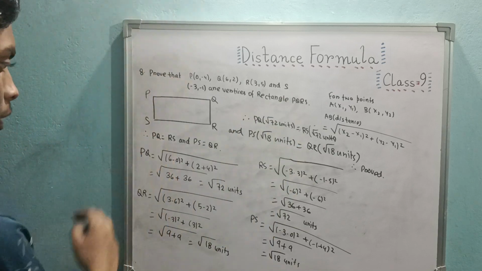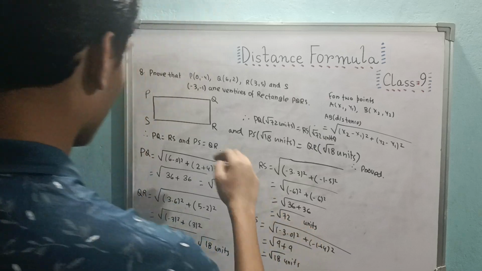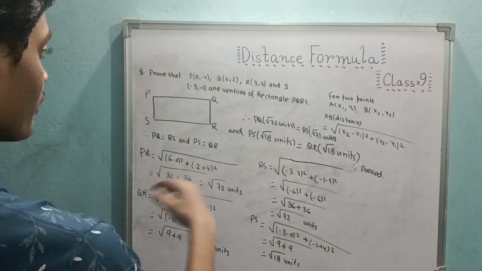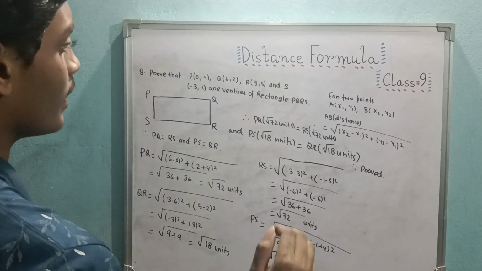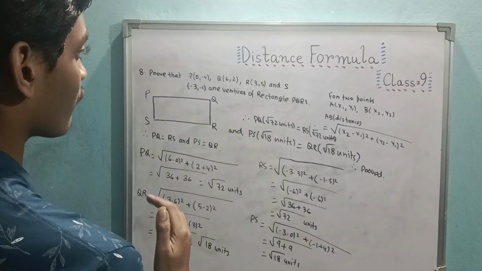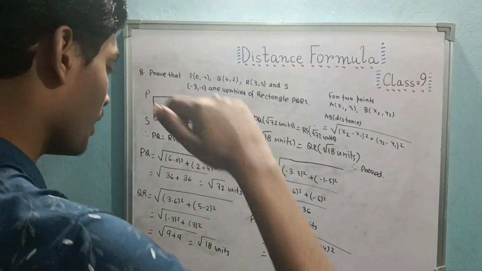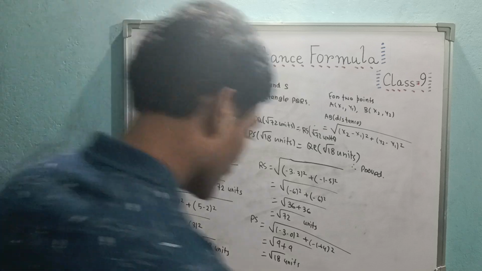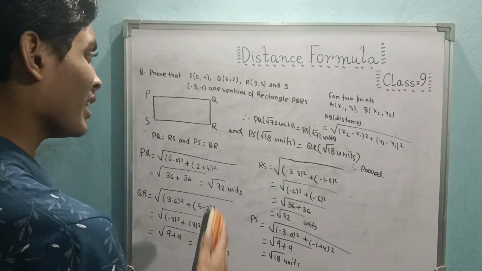And you see PQ equal to RS, PS equal to QR. That's the requirement. Opposite sides should be equal for a rectangle, and that means these are the vertices of the rectangle PQRS. Easy proof, right? Just need to find the lengths and check if the opposite sides are matching or not. If yes, you're good. If no, something is wrong in the question.